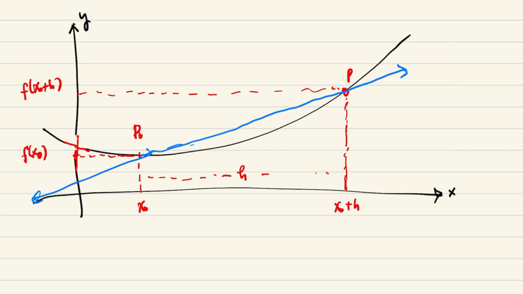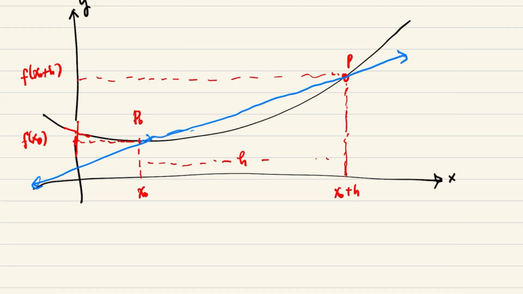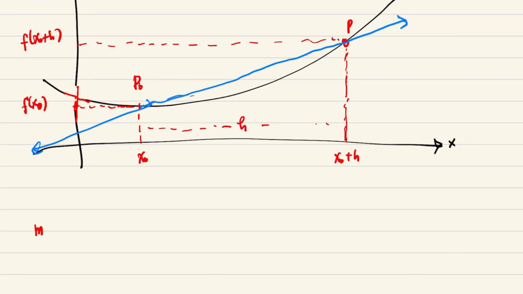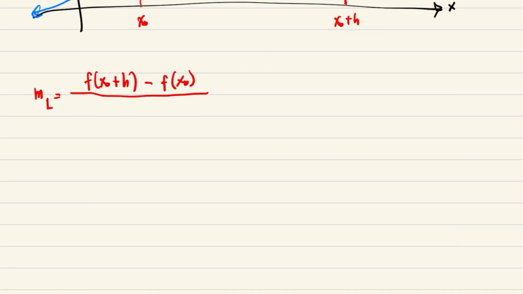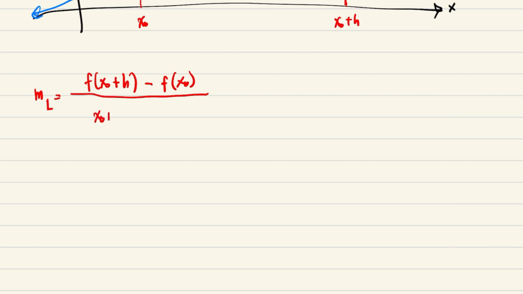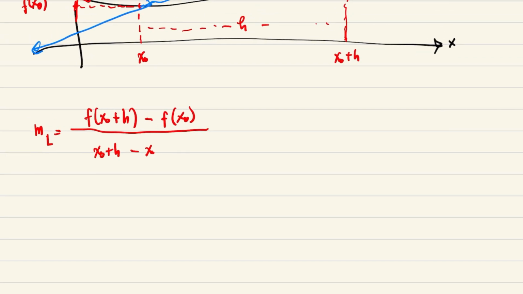With that, back on our discussion for the slope of a line, let's label this as L. The slope of L is equal to f of x sub 0 plus h minus f of x sub 0, all over x sub 0 plus h minus x sub 0. In this case, we're actually solving the rise over run. If we simplify this, we have f of x sub 0 plus h minus f of x sub 0 all over h.